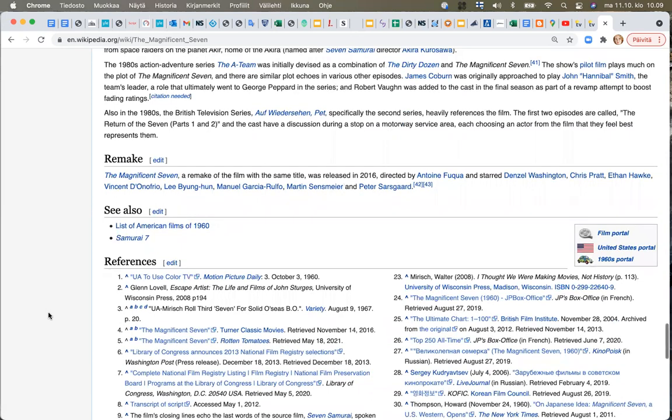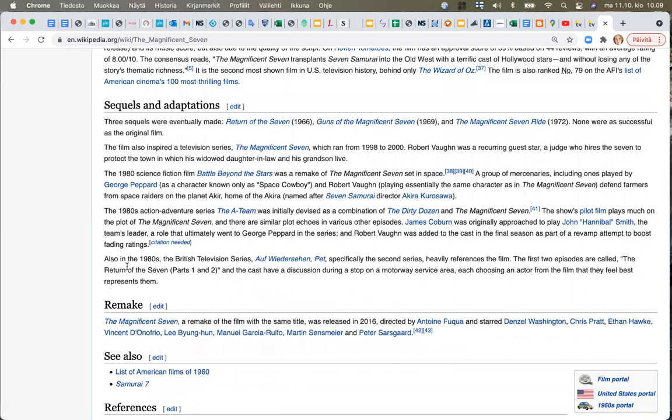Anyway, there are these combination things, like the Dirty Dozen and so on, where you have a combination of characters who go on a mission to do things, and maybe some of them die during it.